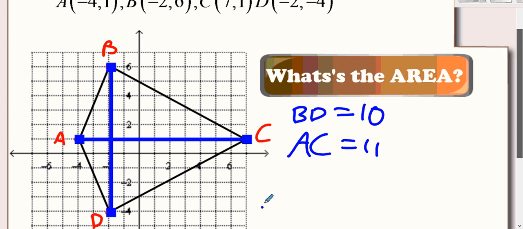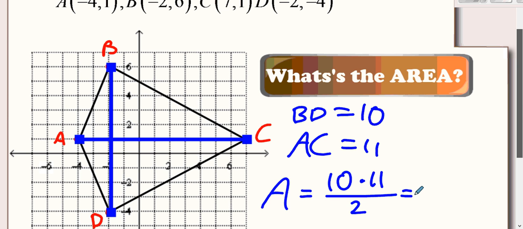We said that the area for a kite is diagonal times diagonal divided by 2. 110 divided by 2 is 55.